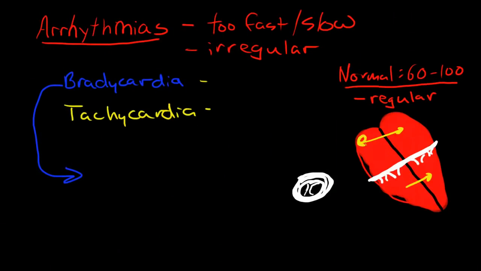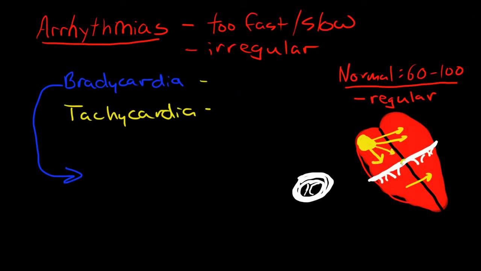Remember, we have an SA node up here, and I'm making it a little big. In a normal heart rhythm the SA node is the pacemaker of the heart, and it initiates the action potential of every heartbeat.